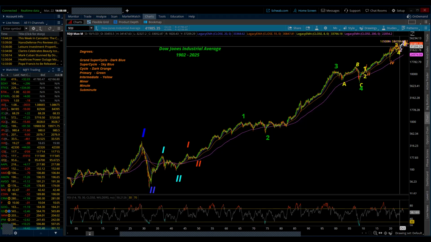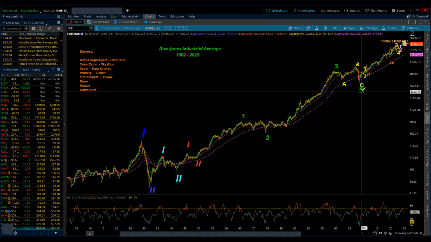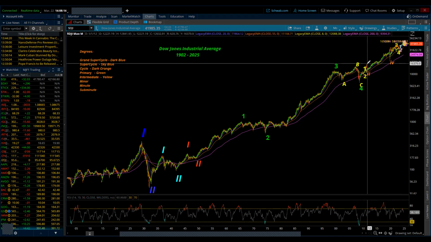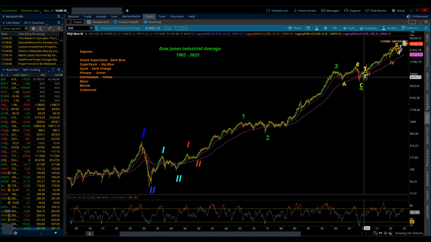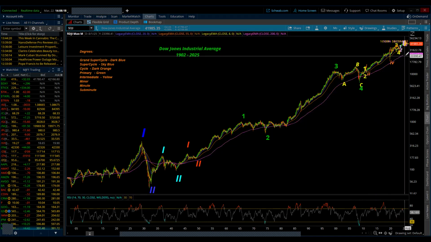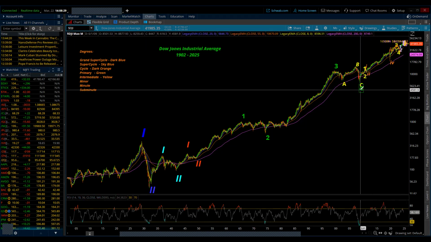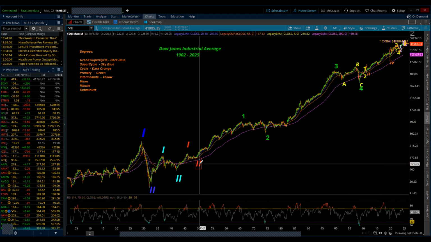Actually, let me take it down one more. Because we're in primary wave 5, what's inside of that? 5 waves of intermediate degree, of which we've done 1, 2, 3, and 4, and we remain within intermediate wave 5. Intermediate wave 5 will then complete itself, and then primary wave 5, and then cycle wave 3.